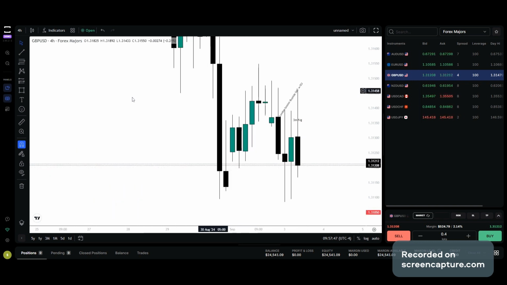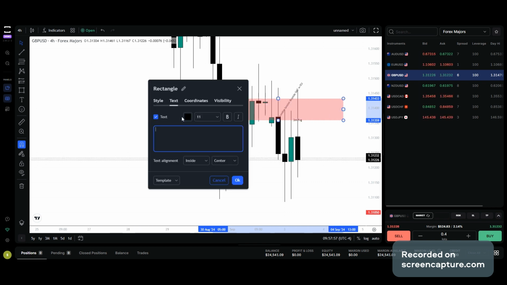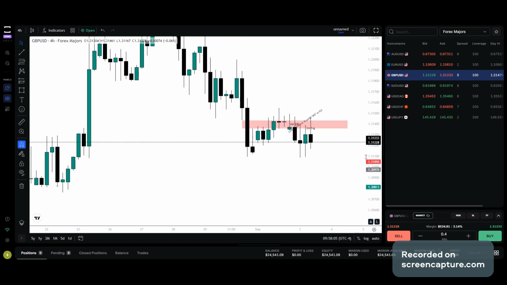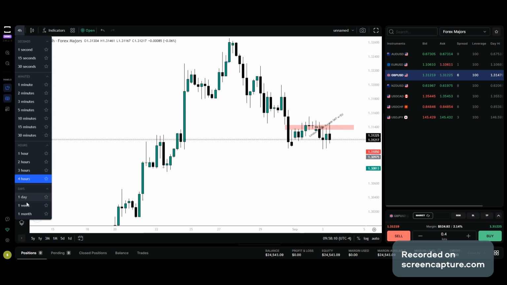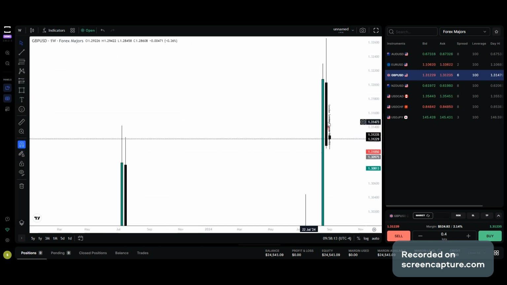Okay, so this level here is H4 SIBI. On a higher time frame on the weekly, we had a weekly sweep.